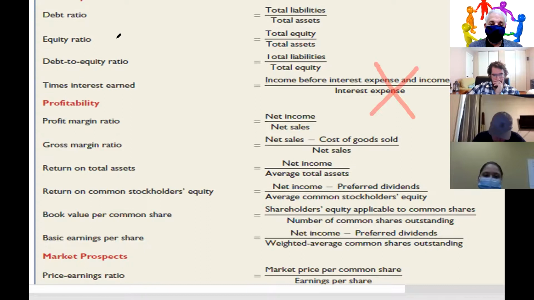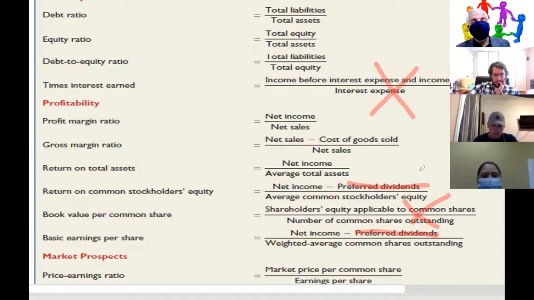ROA, yep. ROE, yep. Book value per common share, not too worried about book value. Basic EPS, don't worry about preferred dividends. I'll take that out of return on equity too. Preferred dividends, we're not going to worry about that. Any problems I give you right now won't have them. The final might, because we're going to be talking about preferred dividends. But again, most companies don't have preferred stock. And so you don't have to worry about it.